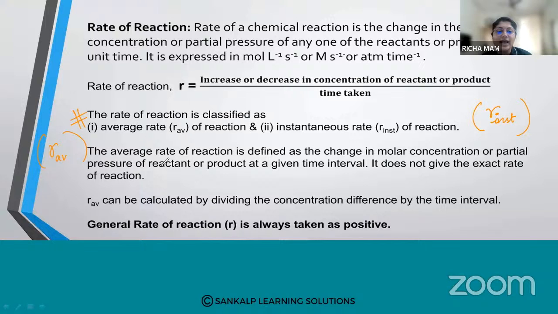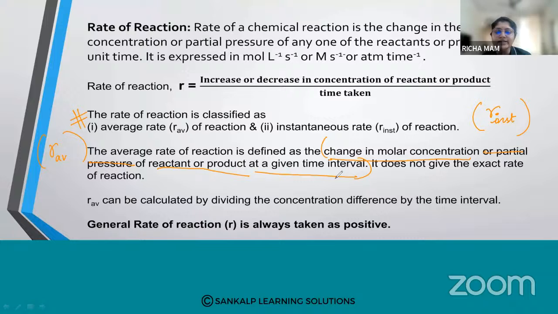So average rate means the change in molar concentration of reactant or product at a given time interval. If you understand this much, it is okay. Do not study with respect to partial pressure. You can study average rate of the reaction as the change in molar concentration of reactant or product in a given interval.